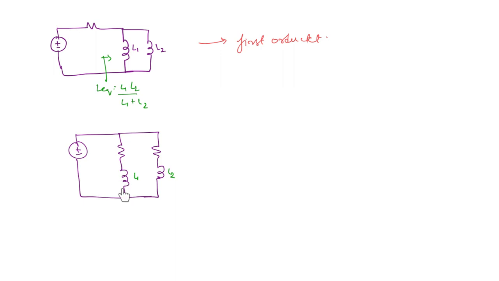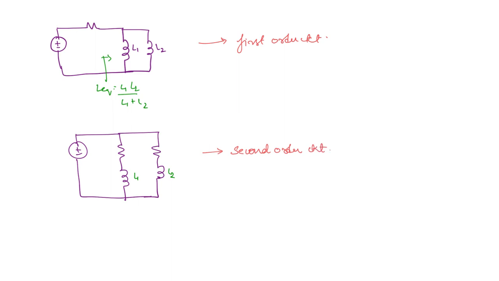Similarly, if you look through the open circuit terminals of this, in order to find the Thevenin's resistance, you will have this inductor. So when you cannot get the equivalent inductance, there will be two storage elements. So this will become a second order circuit.